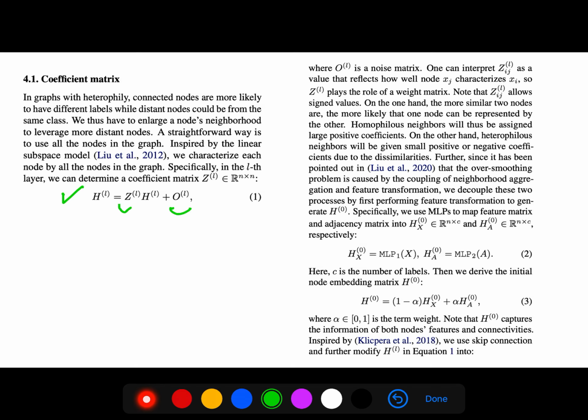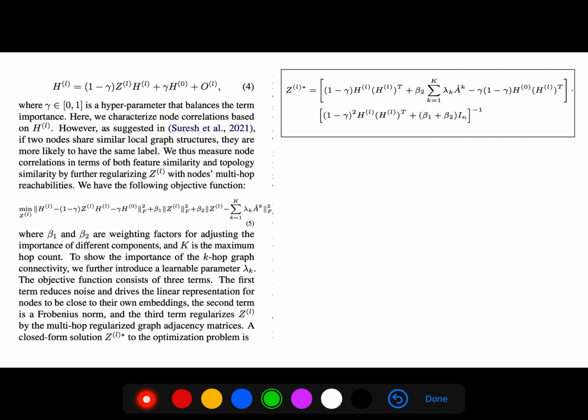After getting the MLPs, we have the representations of both the feature matrix and adjacency matrix, and then we derive the node embedding matrix. Here gamma is a hyperparameter that balances the term importance.